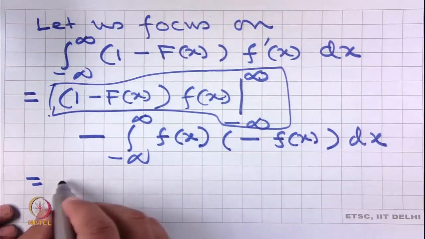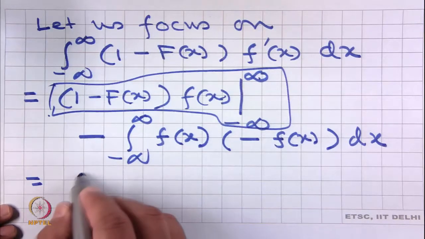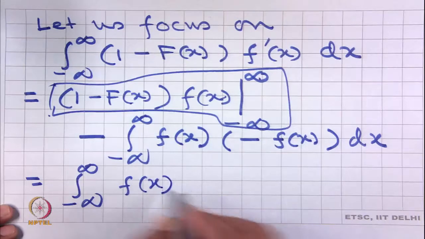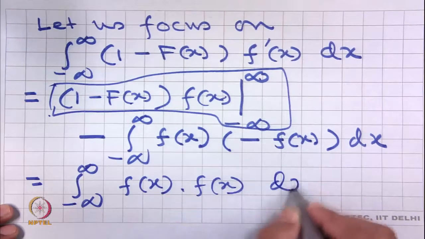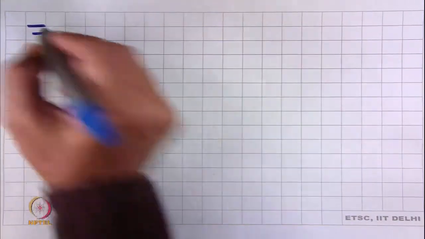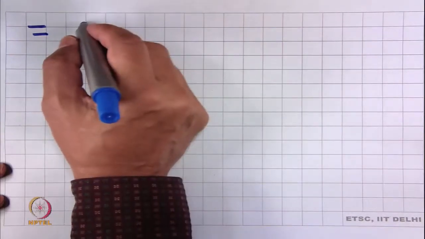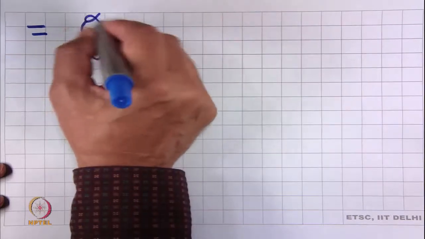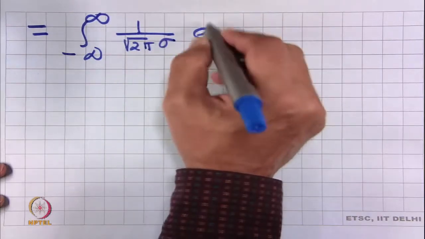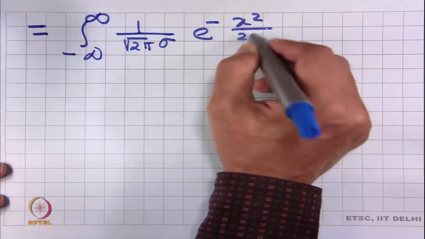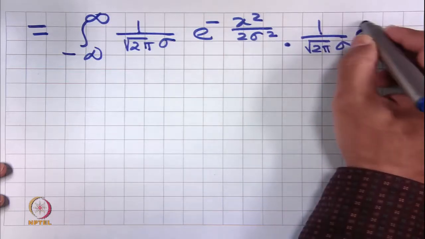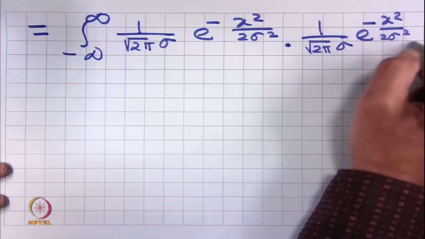Therefore, what we are getting is the integration from minus infinity to infinity of f(x) into f(x) dx, which is equal to the integration from minus infinity to infinity of 1 over root 2 pi sigma e to the power minus x square by 2 sigma square, multiplied by 1 over root 2 pi sigma, dx.